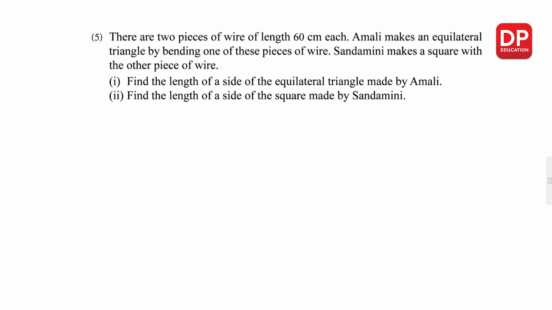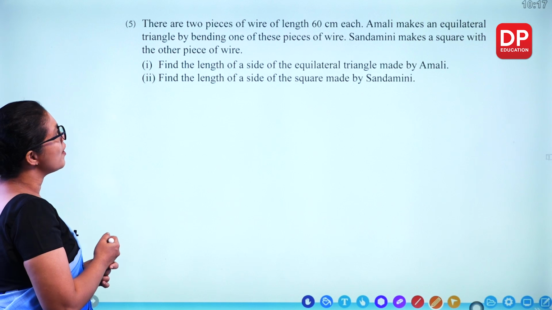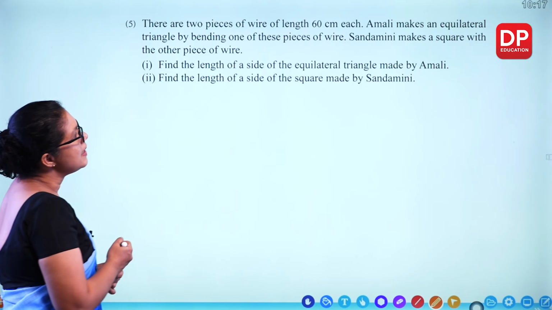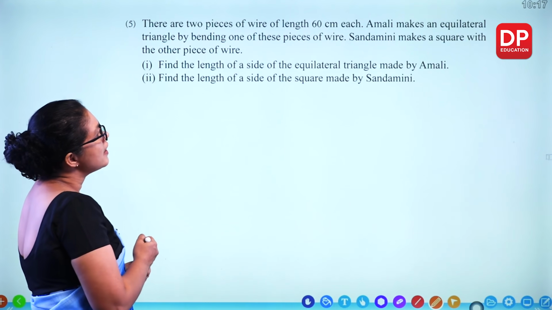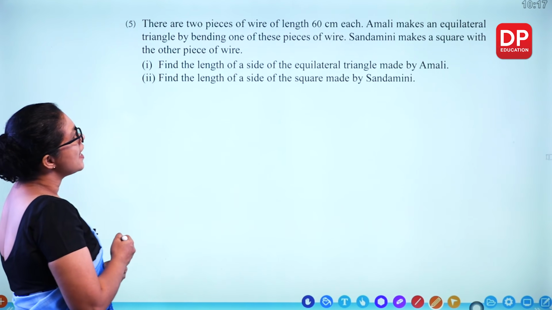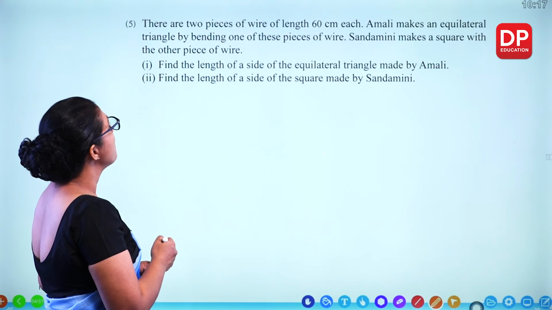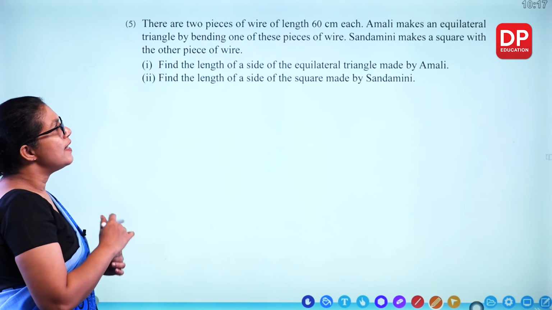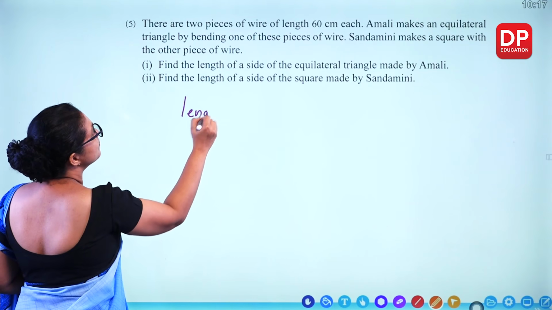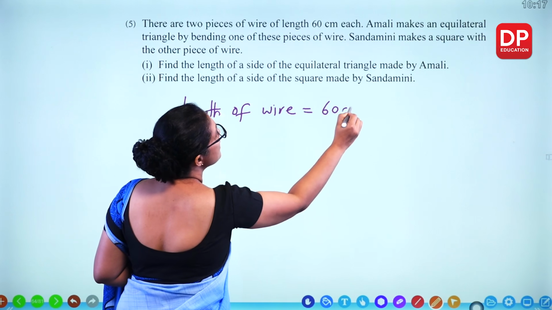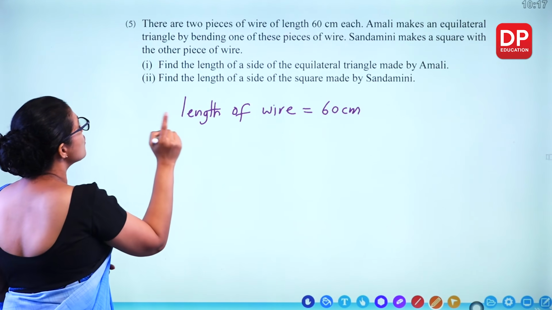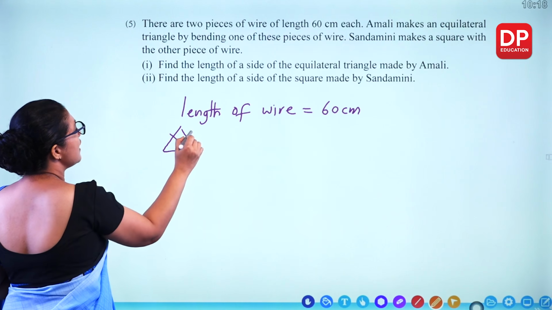Question number 5. There are 2 pieces of wire of length 60 centimeters each. Amali makes an equilateral triangle by bending one of these pieces of wire. Sandamini makes a square. Find the length of the side of the equilateral triangle made by Amali and the length of the side of the square made by Sandamini. So there are two pieces of wire, 60 centimeters each. If this is an equilateral triangle, you get three sides.